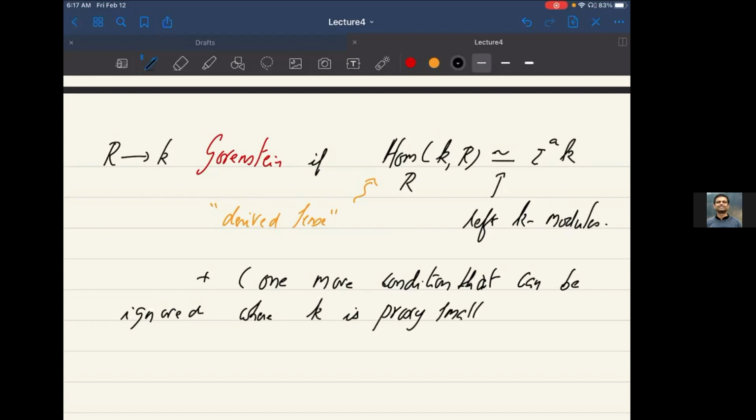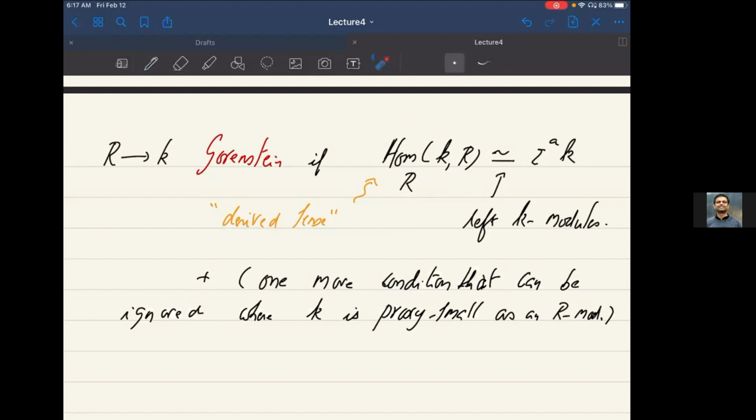And remember, R module should be thought of in the right context. This proxy smallness comes up as a technical condition, but seems to be just the right thing that makes a lot of things fall into place. I'll elaborate on this in a second. So forgetting these technicalities, the Gorenstein condition is what you expect.